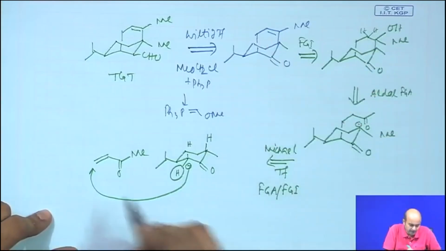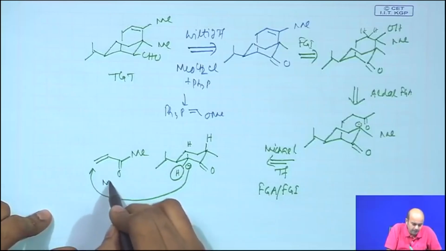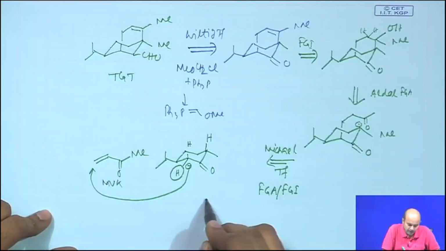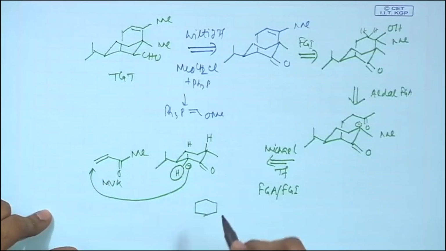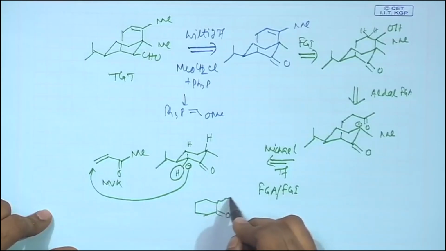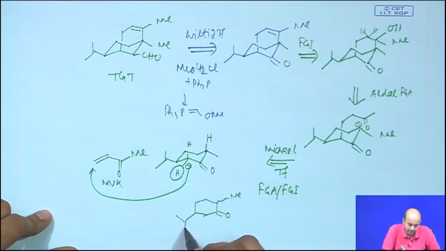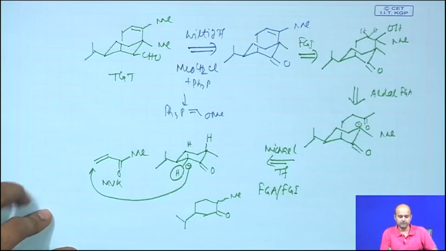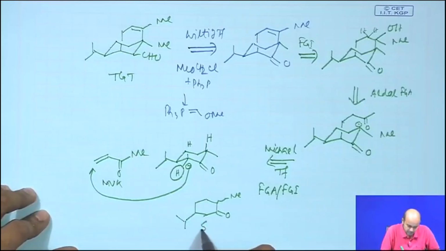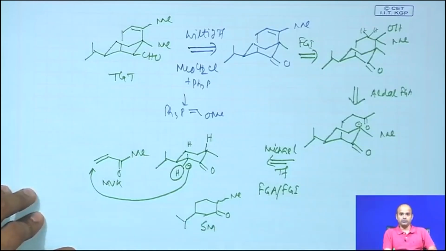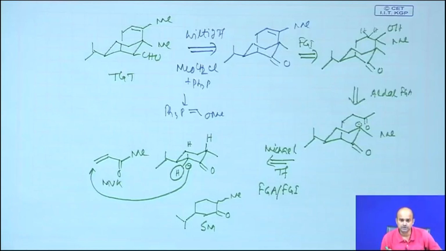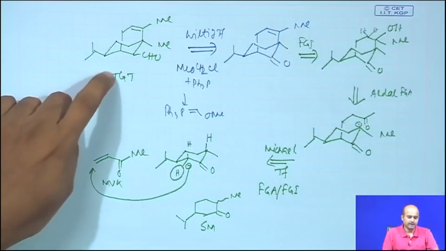You simplified starting materials like methyl vinyl ketone, and you can try to write out the starting material, which is again simple, that is, a methyl and an isopropyl group. So, this is the starting material which you can use in combination, and then you can get a target molecule something like this.